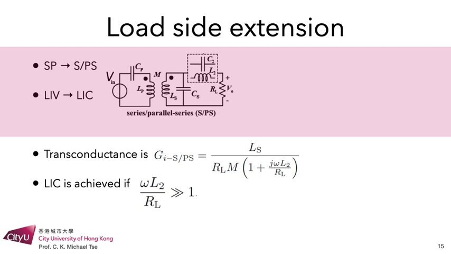In this particular case, from the SP circuit extended to the SPS circuit, we are able to show that the original LIV circuit is now transformed to LIC under certain conditions.